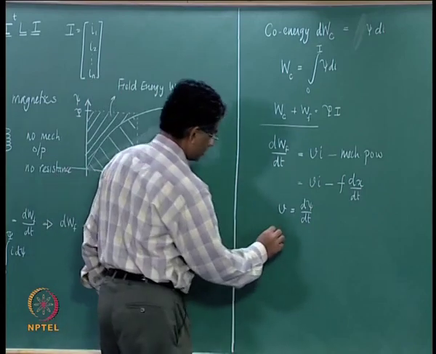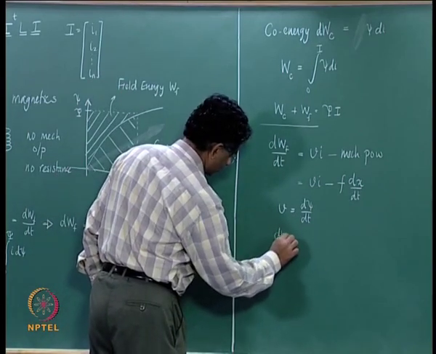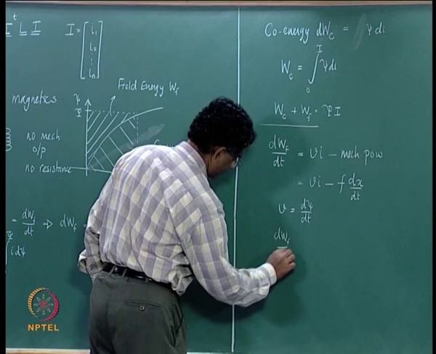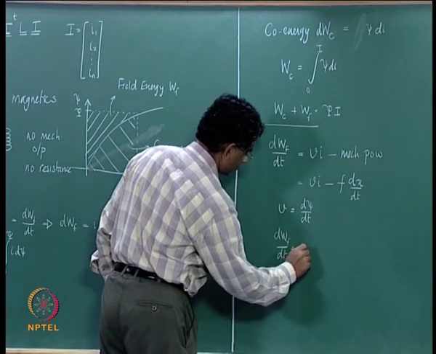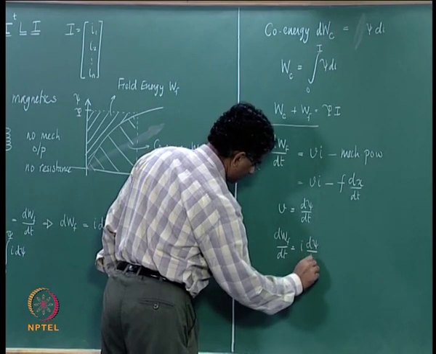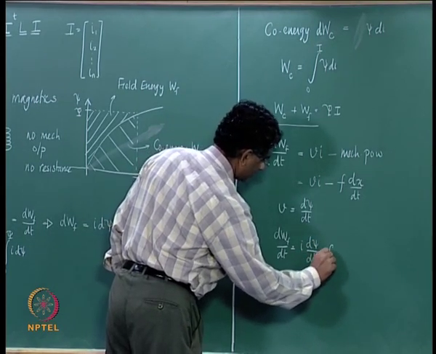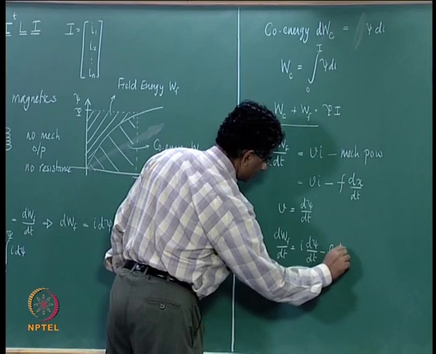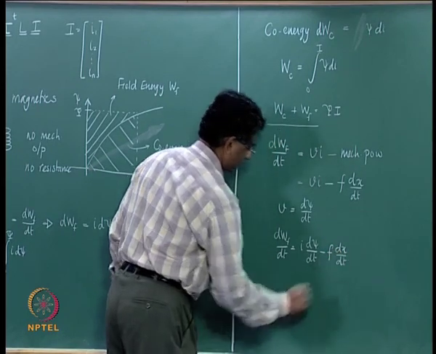When you substitute this, what you get is dWf by dt is equal to I into d psi by dt minus F into dx by dt.